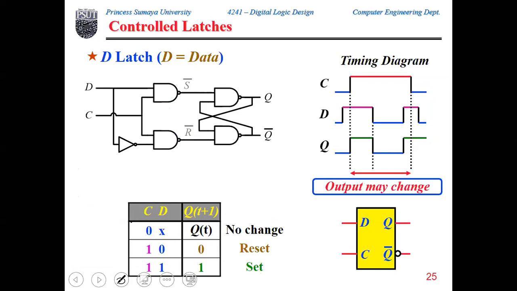Now, the block diagram of this storage element, the clocked latch, is like this. We have two inputs, the D input, which specifies what the Q value is when the clock is enabled. Okay? Any question? So now we have clocked latches, two examples, the clocked SR latch and the D latch. Any question?